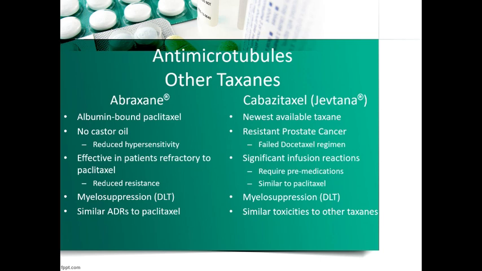So our rate of infusion reaction is next to nothing. Okay, so if a patient reacts violently to paclitaxel, this is an alternative agent that we can give them, and that's important. It's important to have alternatives that patients who react can move towards, and Abraxane is one such agent.